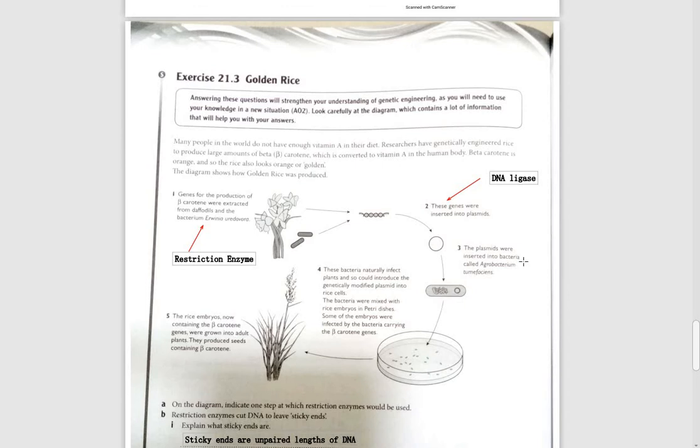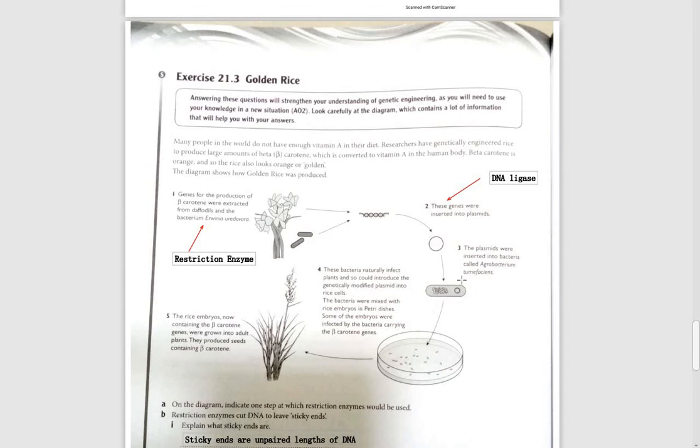The plasmids are inserted into the bacterium called Agrobacterium tumefaciens. So these genes are inserted in the plasmid, and this plasmid containing the genes is inserted into this bacterium, and these bacteria naturally infect plants, and so could introduce the genetically modified plasmid into the rice cell.